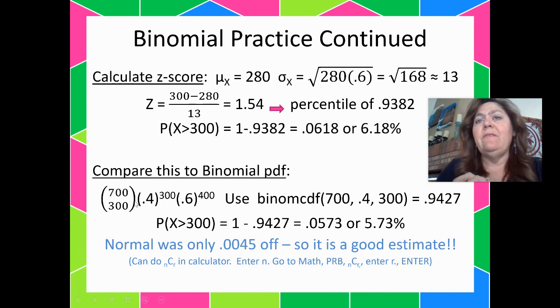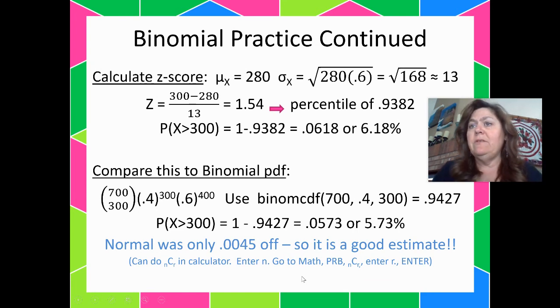So if you had 700 choose 300, you have to enter 700, then go to math probability and enter the nCr command, and then enter the r of 300. Then hit enter, and it would tell you that big number for 700 choose 300. So here's another calculator command for you.